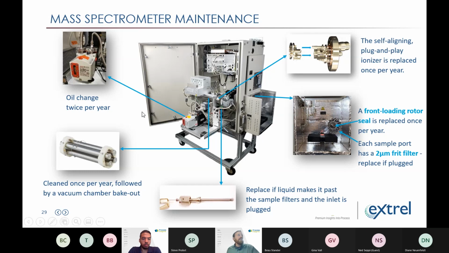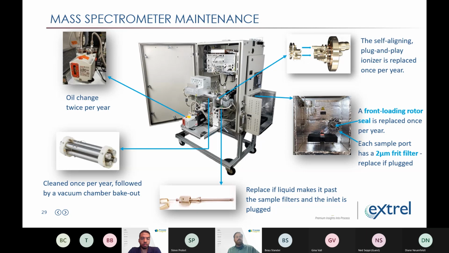And the biggest maintenance component is to change the oil in this pump twice per year. That's the manufacturer's recommendation. Once per year, we recommend that a flare customer do internal maintenance, and that would be taking out this component here. It's called an ionizer. It's mounted to the inlet flange, which is on the side of the vacuum chamber, and that's a very easy component to replace.